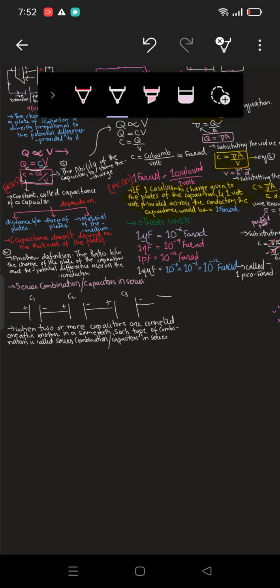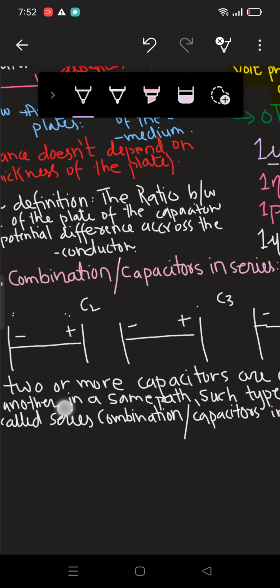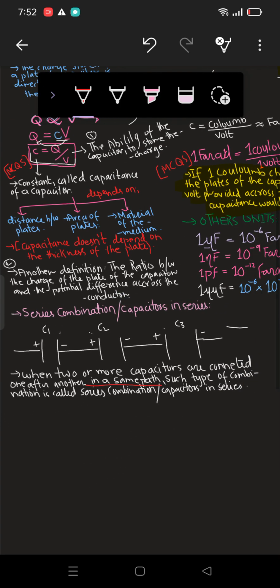First is here, second is here, third is here. So they are connected one after another in a same path. This is a very important line: in a same path, which means in a single line, in a single path they are connected. This type of combination is called series combination or capacitors in series.